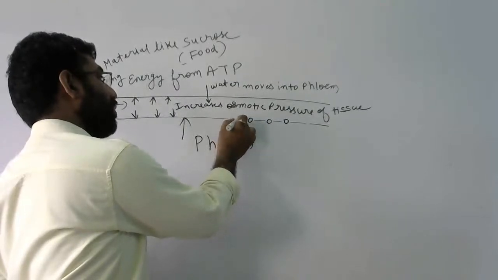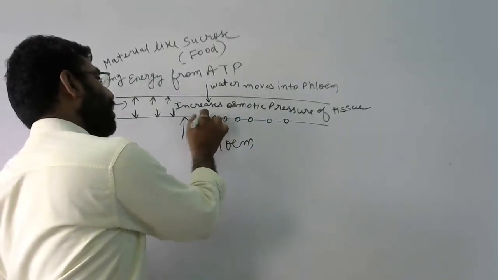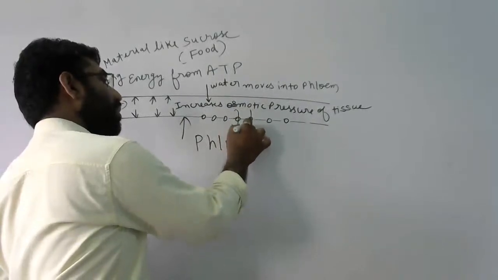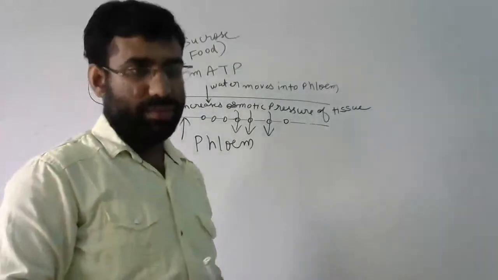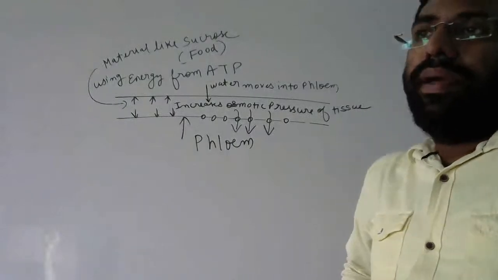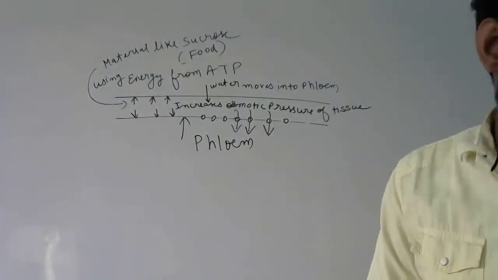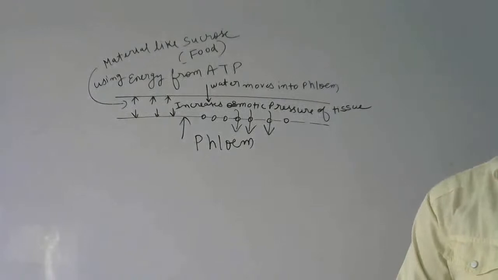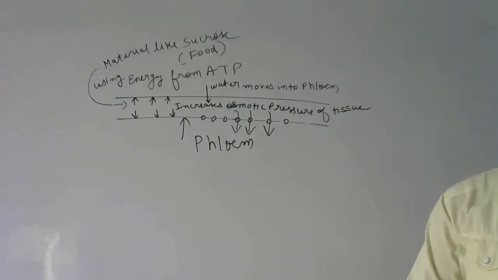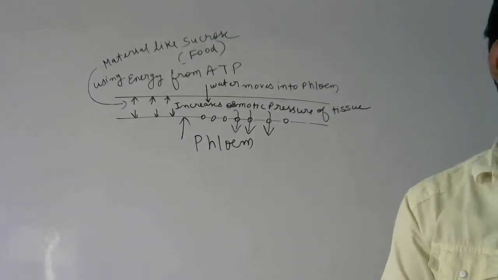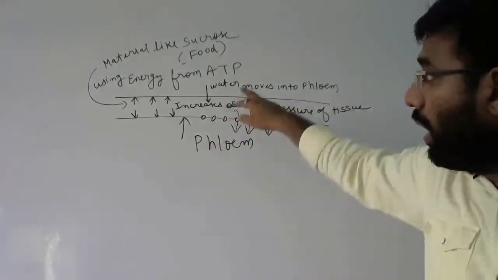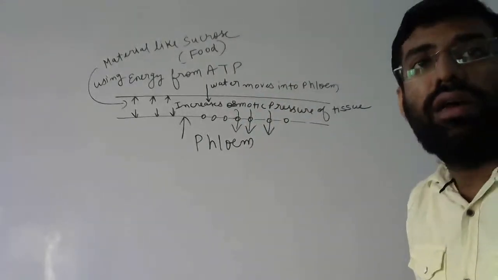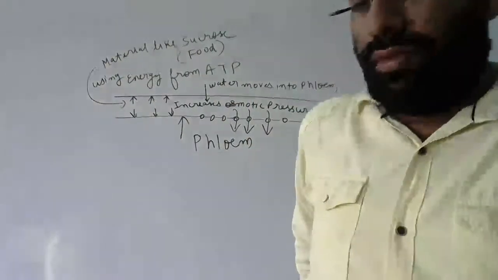Which part of the plant will have less food? This water will carry it to that particular part. Materials like sucrose are transferred into the phloem tissue using energy from ATP. This increases the osmotic pressure of the tissue, causing, when pressure increases, water to move into it.